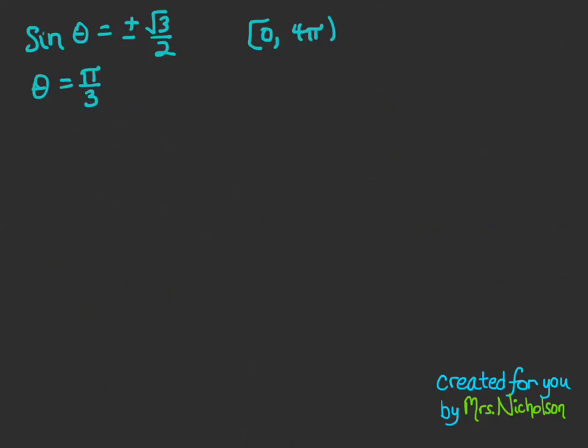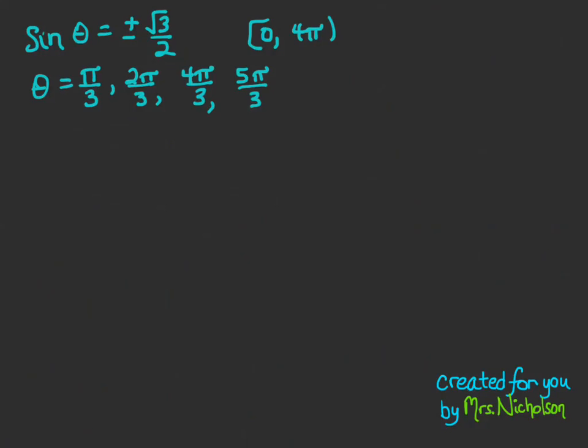And since it's plus or minus, I'm going to get the pi over 3 angle in every quadrant: 2 pi over 3, 4 pi over 3, and 5 pi over 3. So that gives me 4 answers between 0 and 2 pi, but I need to go all the way out to 4 pi. So I need to find those coterminal angles between 2 pi and 4 pi.